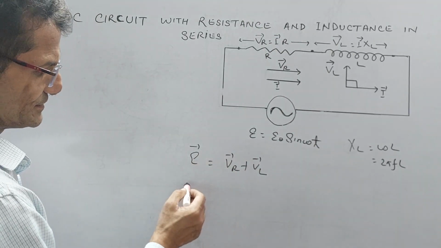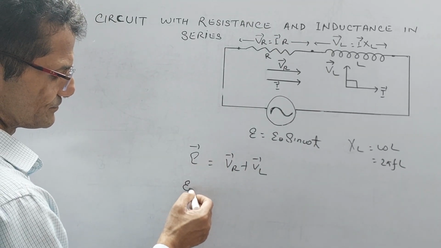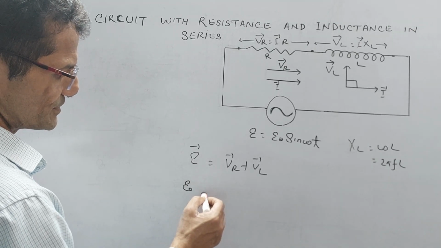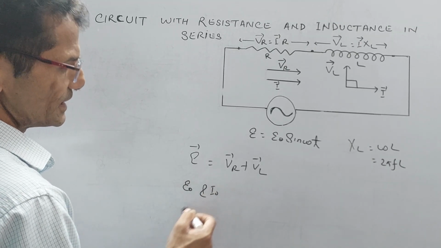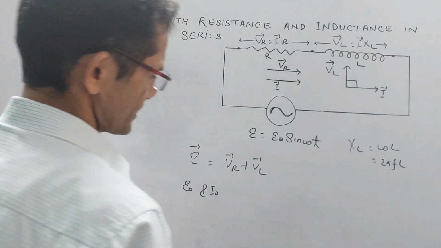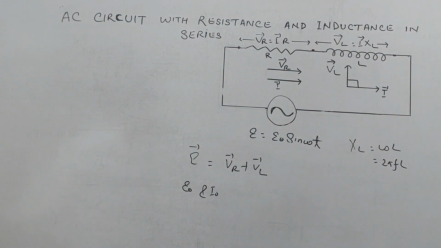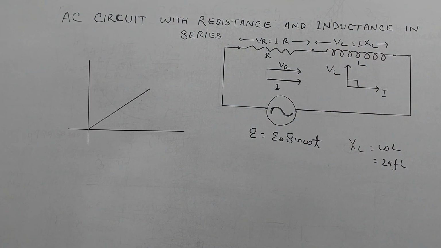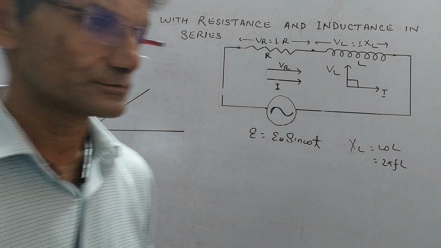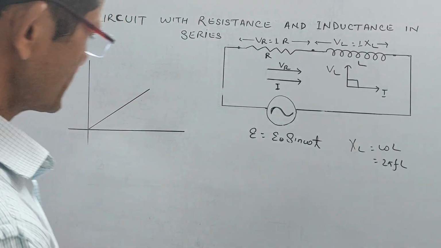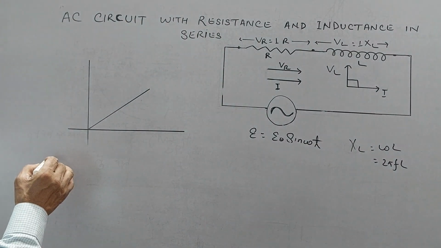We also know that the current amplitude and the voltage amplitude are related by a phasor diagram, here for the series LR circuit.